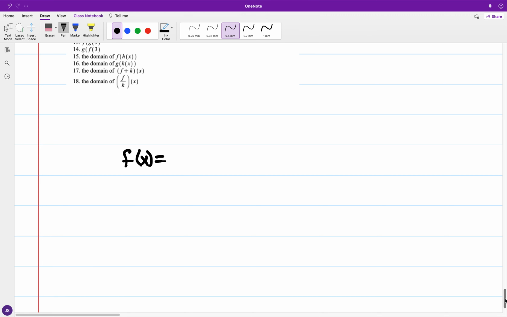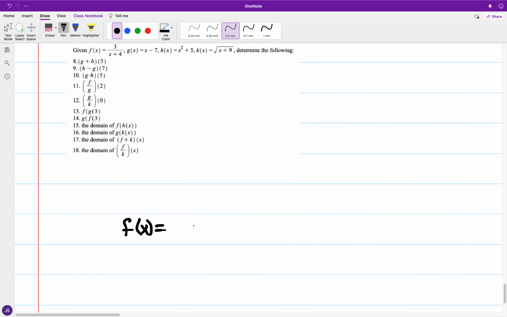for f of x, again we have 3 over x plus 4. And k of x, we have the square root of x plus 9. Now for f of x and k of x, your restriction is that x cannot be negative 4.